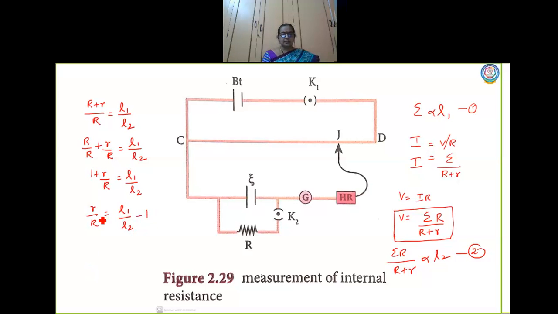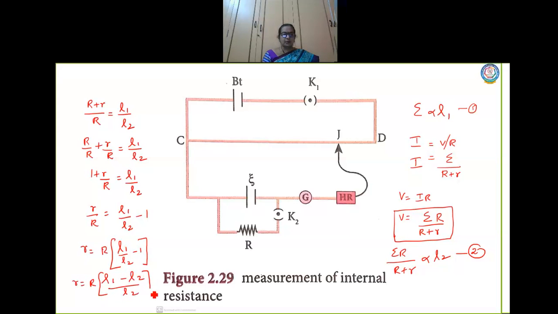I need to find out only the internal resistance. So take this R to the right side. So r equals R into L1 by L2 minus 1. Again when I simplify, I have R into L1 minus L2, divided by L2.